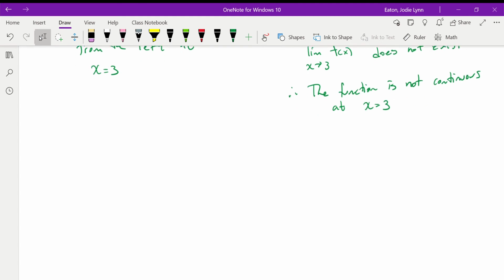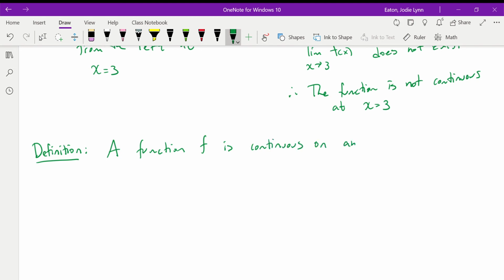We have one more definition, which is that we can define continuity on an interval, and we're going to define it on a closed interval. A function f is continuous on an interval [a, b], and this is a closed interval where we're including the endpoints, if it is continuous on the open interval (a, b).